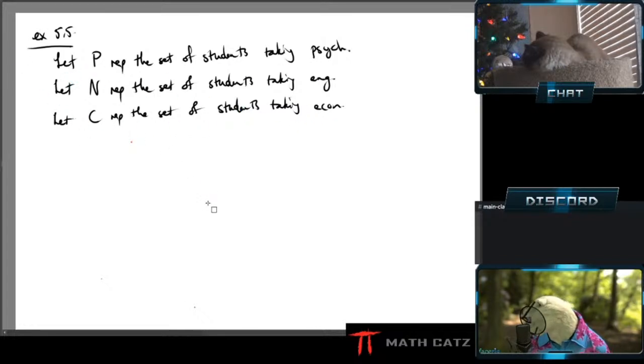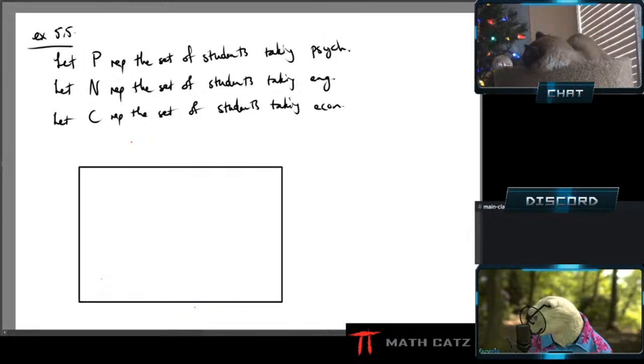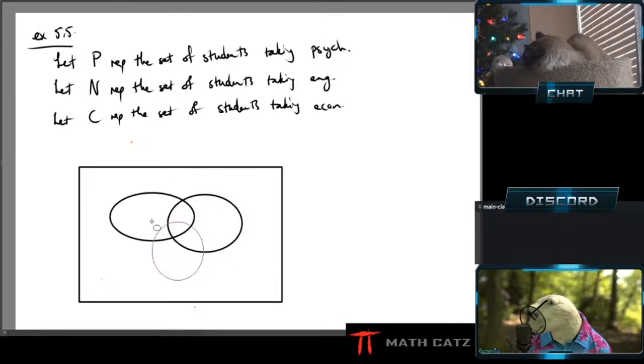I'm banking that 1 mark for this first step. Let me visualize. Universal set. Let's put P over there, N over there, C over there. Why not?